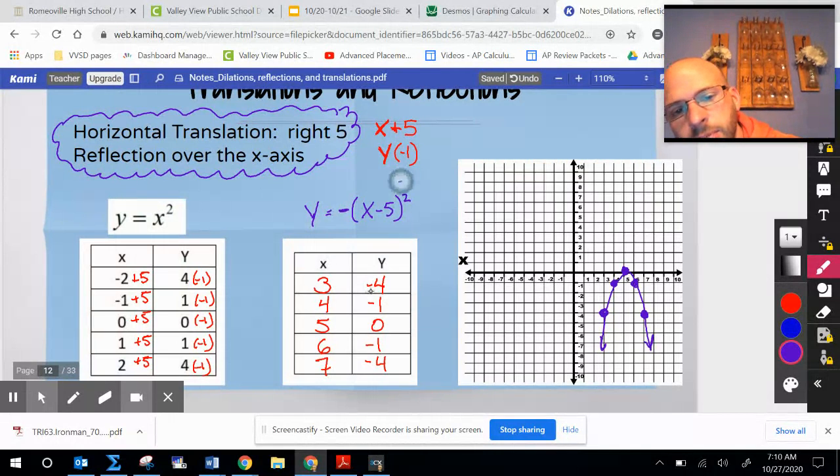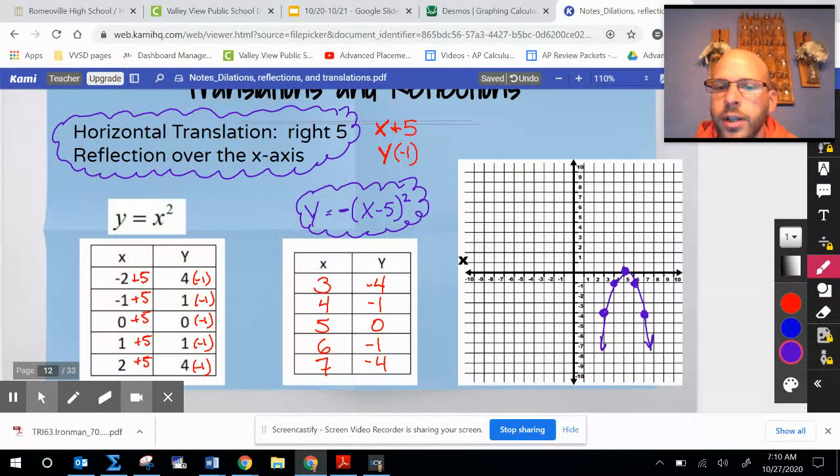So this graph that we just made is for this function, negative quantity x minus 5 squared, okay?